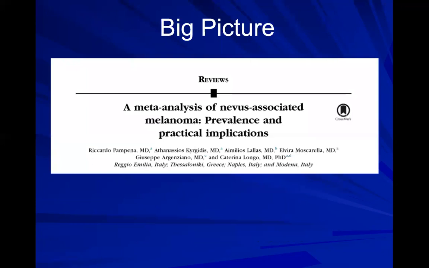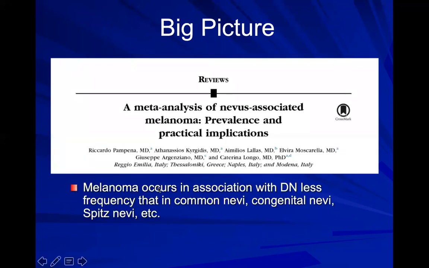Now, all that said, let's put everything in the context of the big picture. So if you look at a meta-analysis of nevi associated with melanoma, the big picture is that melanoma actually occurs in association with this dysplastic nevus architecture less commonly than it arises in a common nevus, a congenital nevus, or Spitz nevus, etc. Meaning that melanomas that arise in nevi more often arise in just completely banal nevi or congenital nevi, other types of nevi, rather than in the DN architecture nevi.